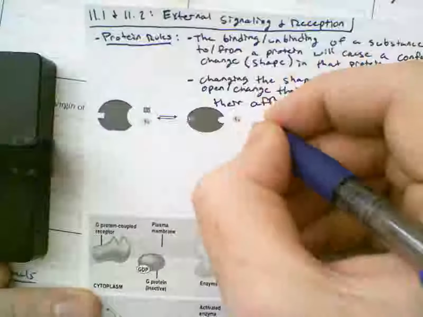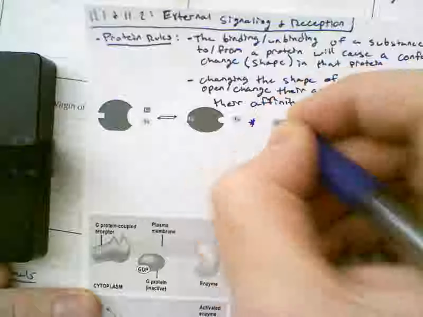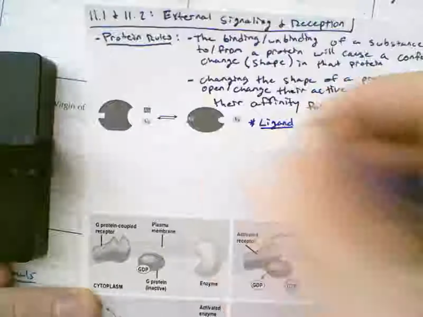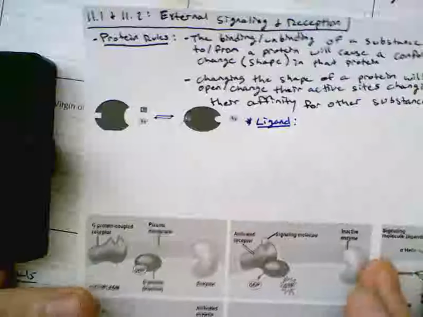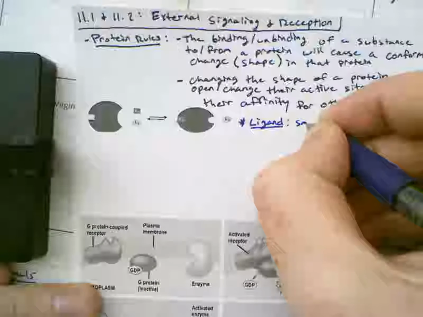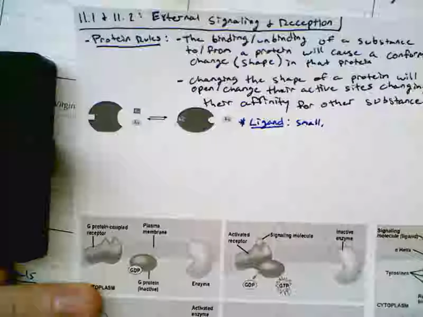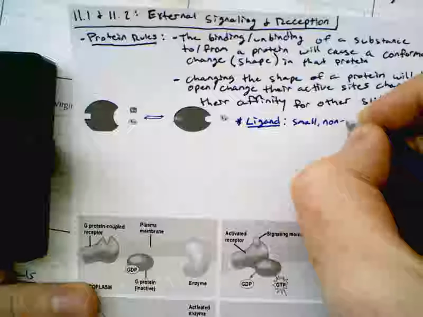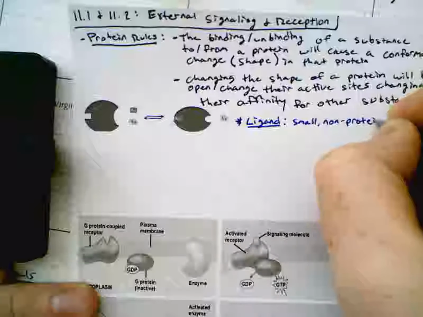So do that right here. Okay, what is a ligand? So ligands are typically small. They are typically, well, no, not typically, they're always, they have to be a non-protein molecule, so something that is not a protein.